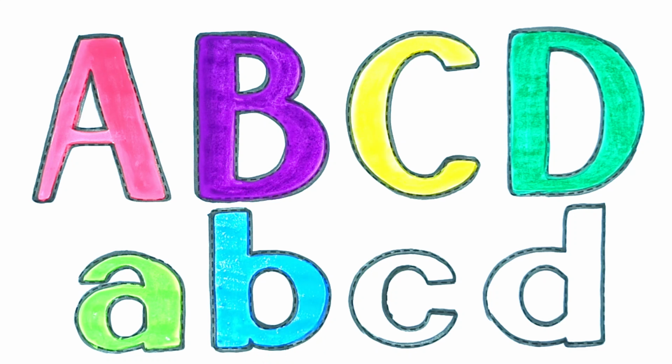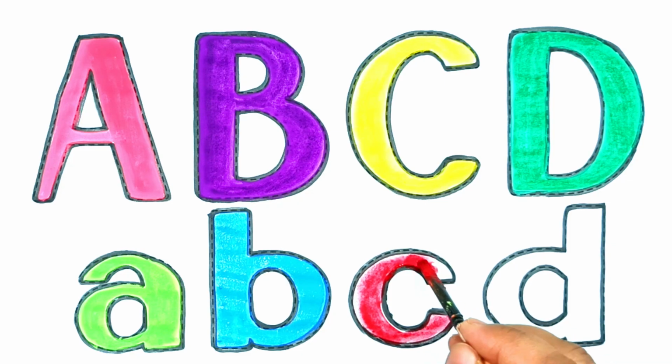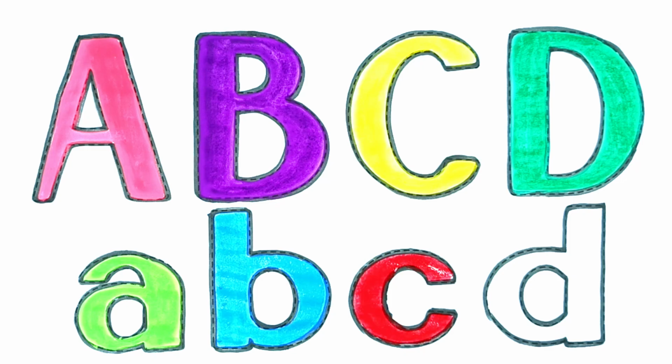B is for ball. Iron and steel will bend and bow, my fair lady. C is for carrot. Falling down, falling down, falling down. London Bridge is falling down, my fair lady. D is for door.